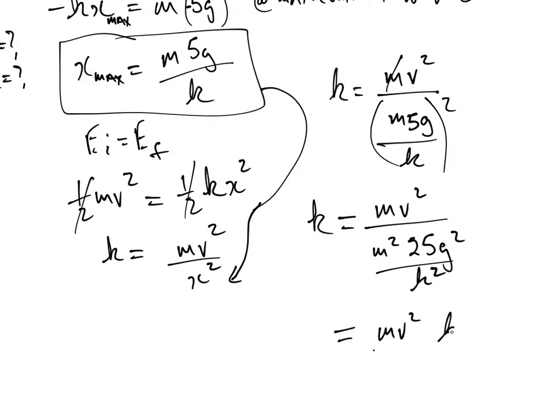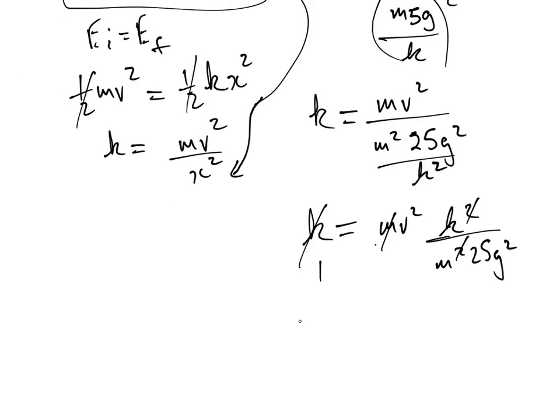Flip and multiply, the m cancels with that square, and this k squared over k goes to a k, and then we're going to have 25m g squared divided by v squared equal to k.